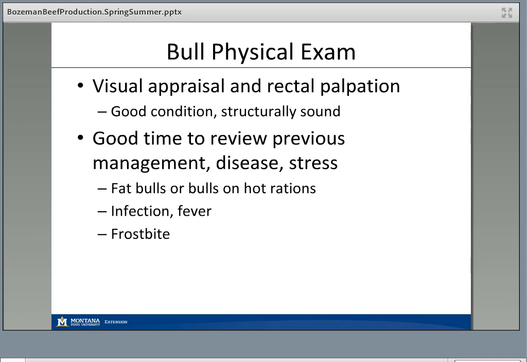Bulls that are pushed too hard can have some trouble with lameness issues. Certainly infection and fever, those high temperatures, are going to have a negative impact on semen quality. And certainly something that we see a lot of here in Montana is frostbite. We can have varying degrees, obviously, of frostbite, but certainly that can have real negative consequences for semen quality as well.